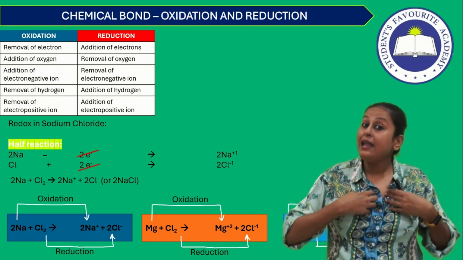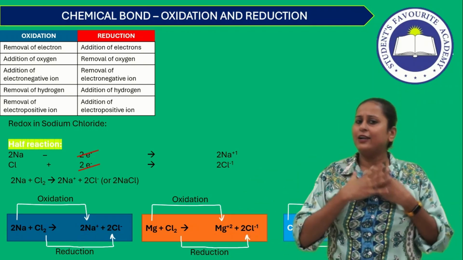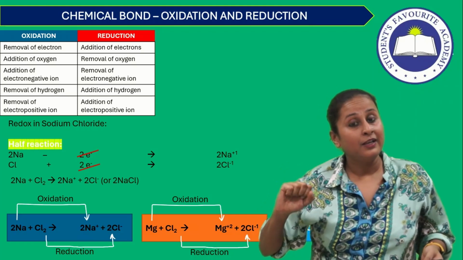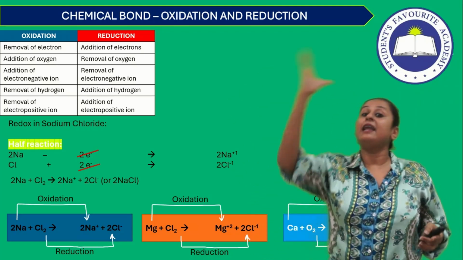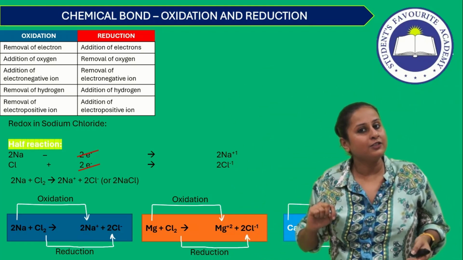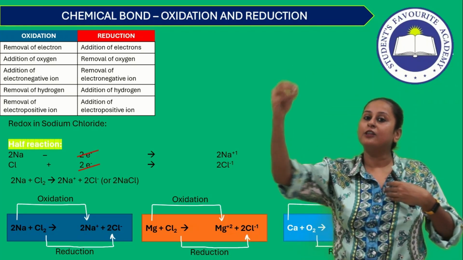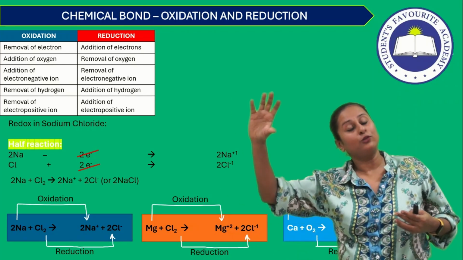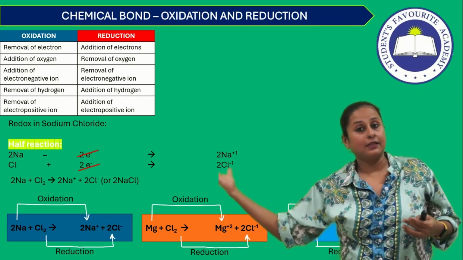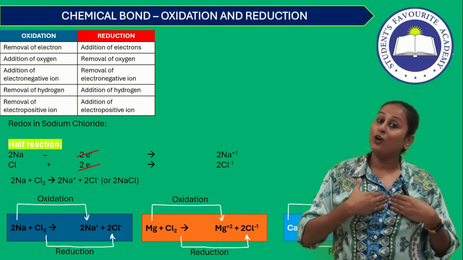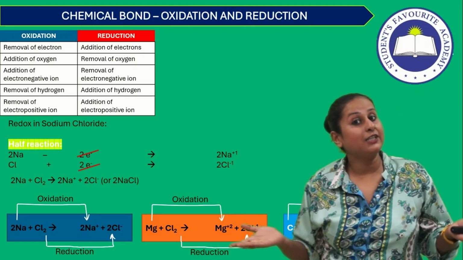So when I lose electrons, I get oxidized, but those electrons will be gained by someone. So the person who is gaining those electrons is getting reduced. So can I say by getting oxidized, I lose electrons, and by gaining those electrons that I lost, another substance gets reduced. So can I say by getting oxidized, I become a good reducing agent?